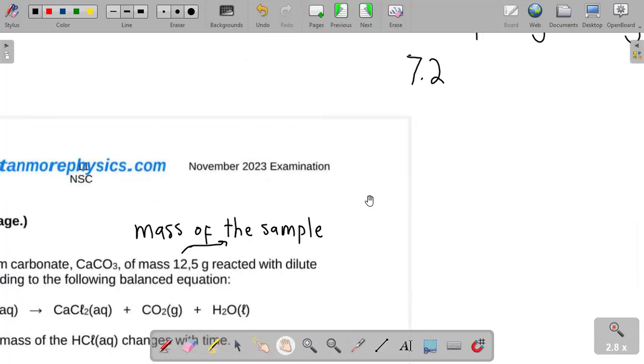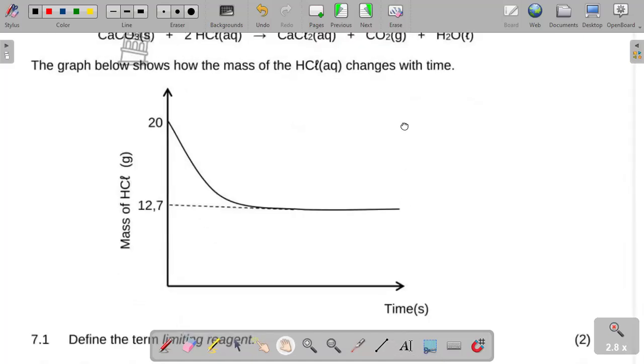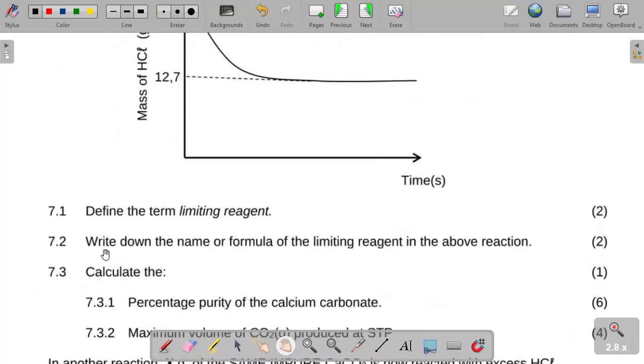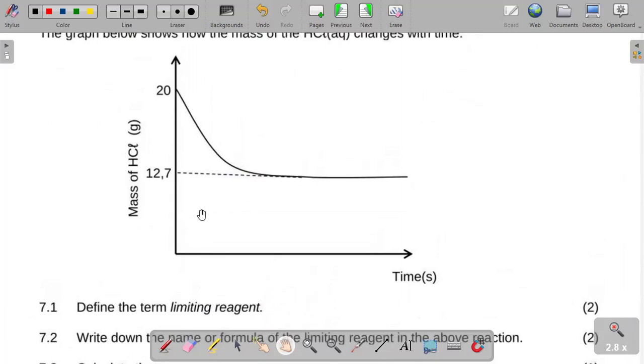And then in this case, what is happening? What does the graph tell us here? They say write down the name or formula of the limiting reagent in the above reaction. So how can we know from the graph? What we can see here is that the mass of HCl is shown on the vertical axis.